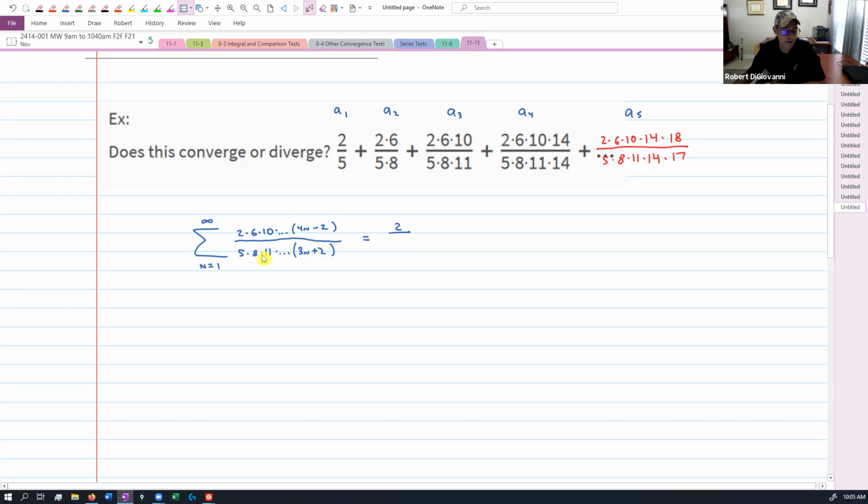So I'm going to do this pattern, but stop at 5. So I'm only going to go to the first one. Then plus, now I plug in 2 for n. If I plug in 2, then I'm going to go 2 times 4 is 8, take away 2, that's 6. So I'm going to follow this pattern, but stop at 6. And if I plug in 2 to the bottom, I get 6 plus 2, that's 8. So I'm going to follow this pattern, but stop at 8.